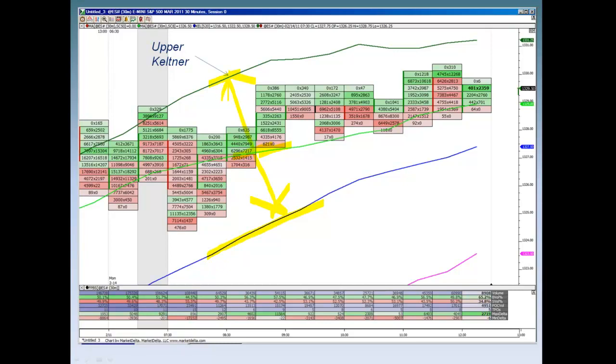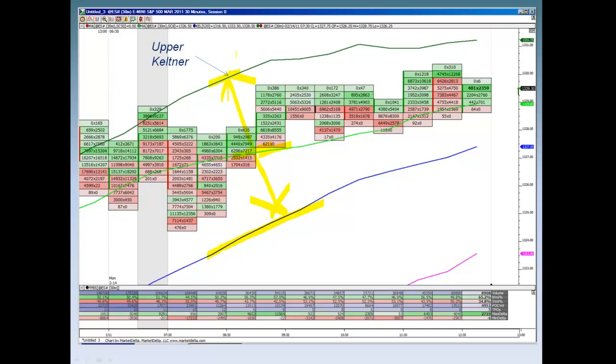So right away, this tells me that even though I have a directional move, I should not be expecting too much out of it. We're not really going to go very far with the movement.